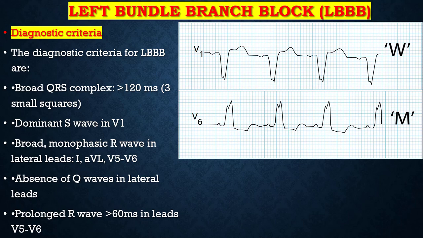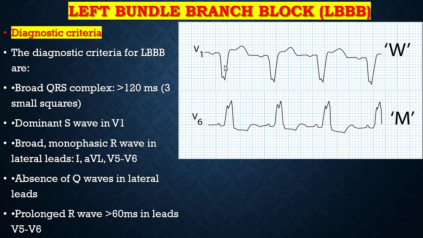Left bundle branch block. Diagnostic criteria for left bundle branch block. The diagnostic criteria for left bundle branch block are broad QRS complex, more than 120 milliseconds or more than 3 small squares.